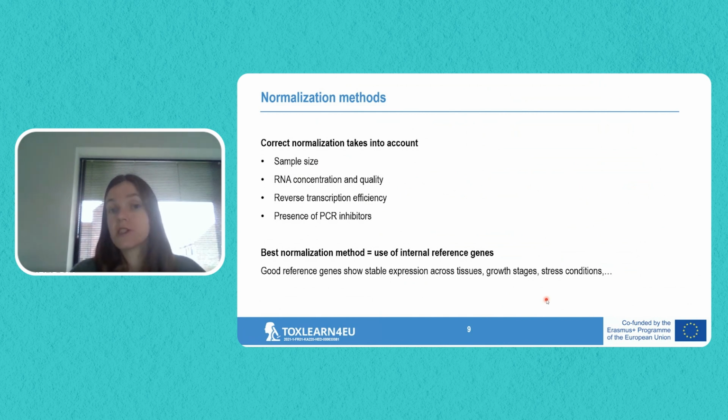Then good reference genes would be genes whose expression is not affected by cadmium exposure. And then if you would still see a difference in expression of these reference genes between different samples, this would most likely indicate that there are some technical differences between those samples. So for example, differences in the amount of PCR inhibitors, differences in RNA concentration, and so on.